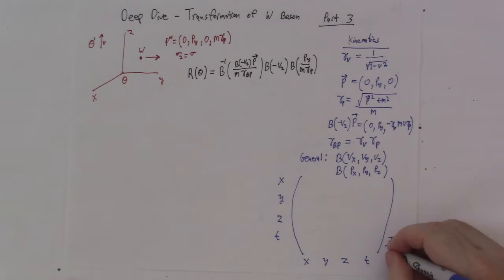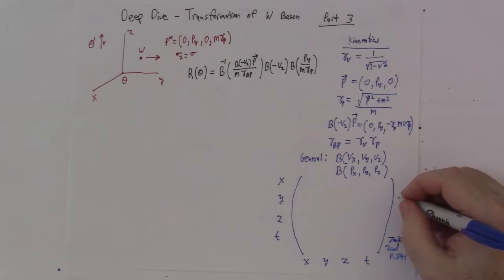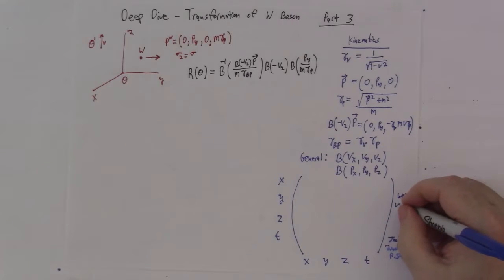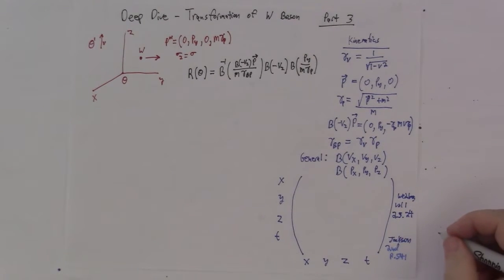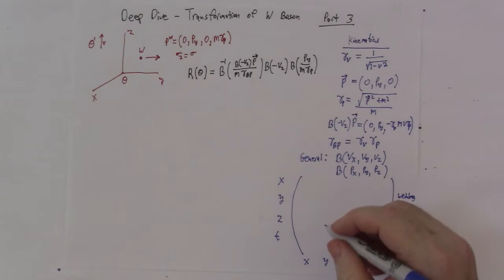If you have the second edition, I don't know where it is in the third edition, it's at page 541. You can find it in Weinberg, volume 1, equation number 2.5.24. And so I'm just going to write it out.